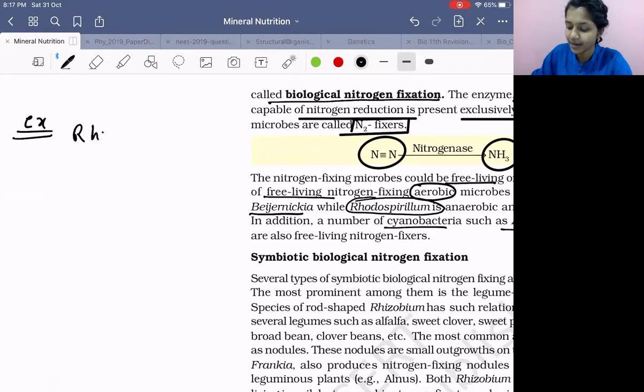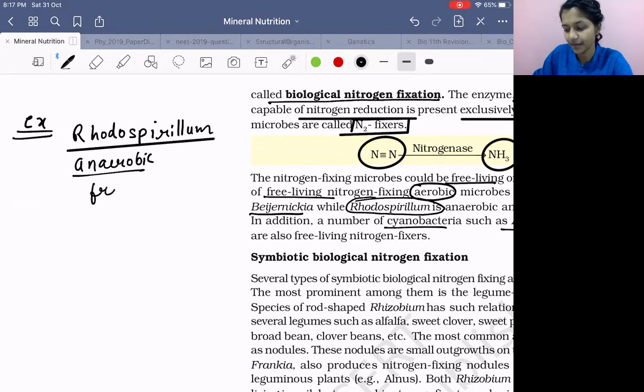Rhodospirillum is anaerobic, free living, and can fix nitrogen.